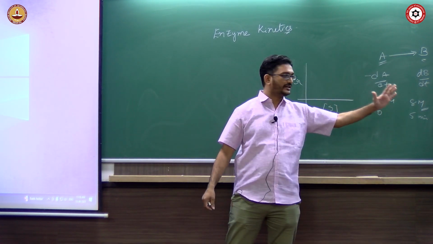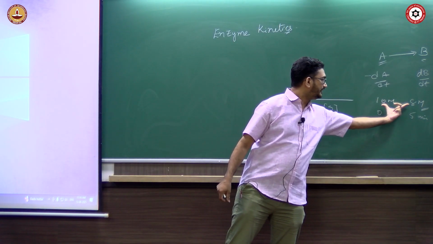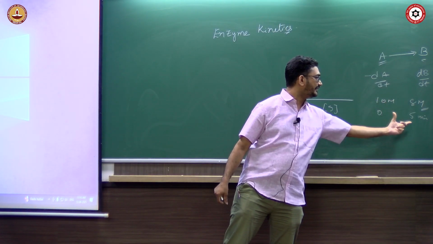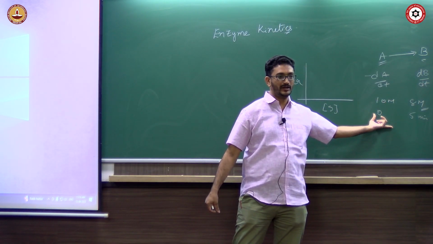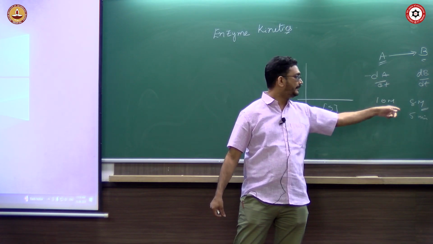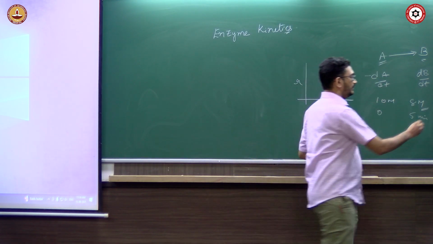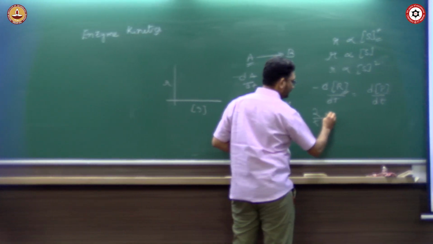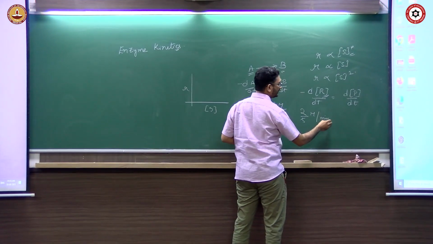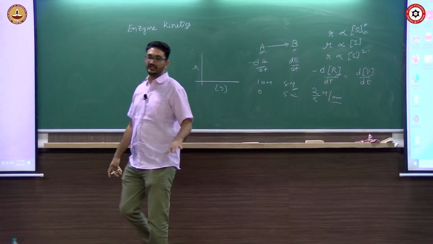Basically you can do it for different time points, right? So this concentration, 10 minus 8 by 5 minus 0, right? So 2 by 5 molar per minute, and then you can convert into seconds or something, whatever you like. So you can determine the rate.